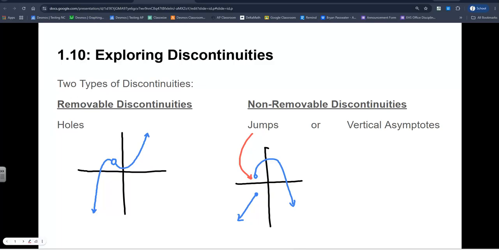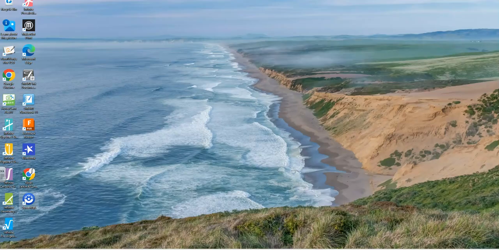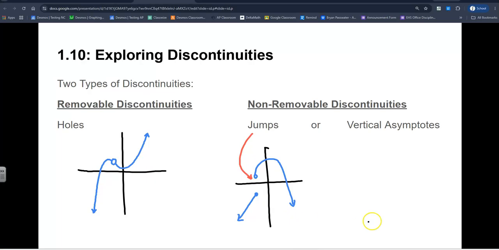And then you also may have vertical asymptotes. At a vertical asymptote, it can look a few different ways. Let me use a different color there.